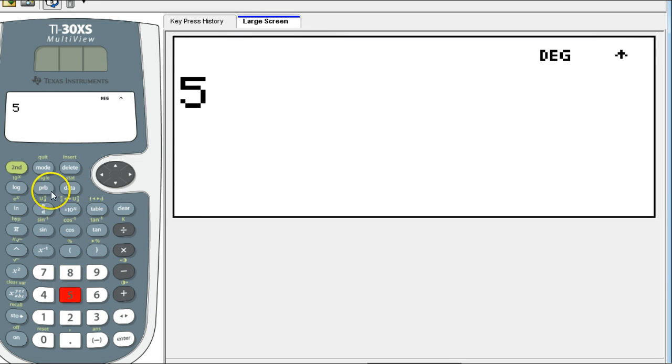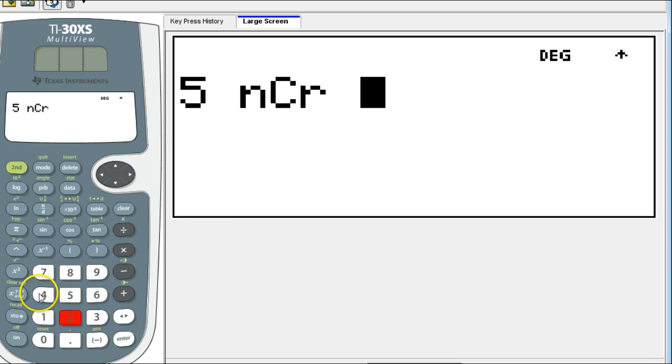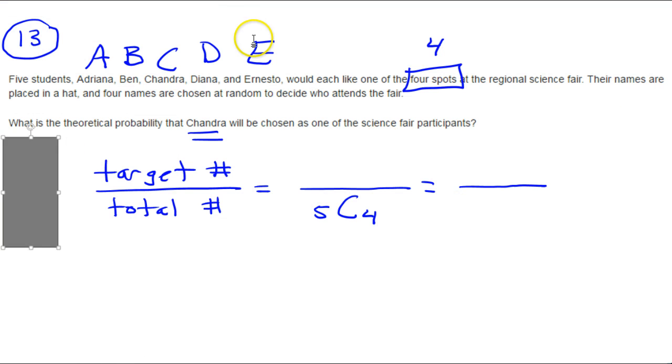All right, so 5, and it's the second option for combinations, and then 4. All right, so there's 5 different groups that could be made in this way. All right, so that's the total. Now, how many of those 5 groups involve Chandra being chosen specifically?